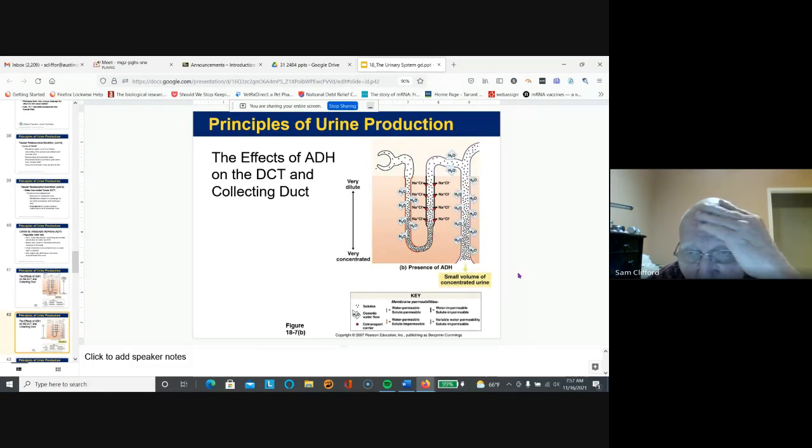Okay, so again, we had this process. ADH, the antidiuretic hormone, is going to stimulate water reabsorption in the distal convoluted tubules and the collecting duct.